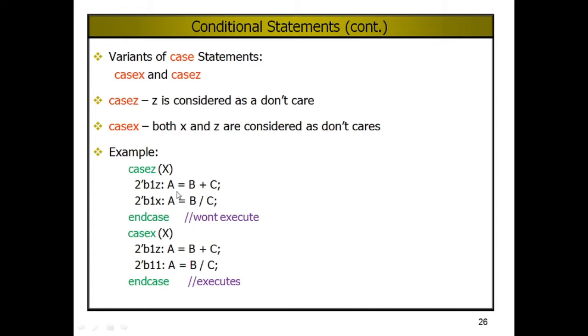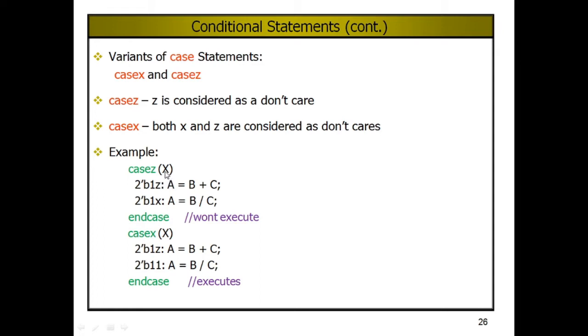So you can see here, this I have written X, capital X is nothing but the expression, it may be a control signal or some X register, capital X is nothing but a 2-bit register.